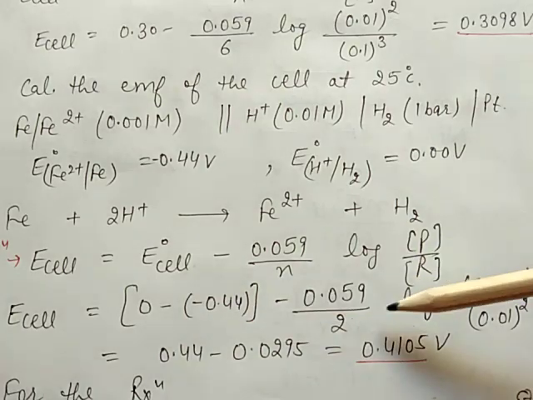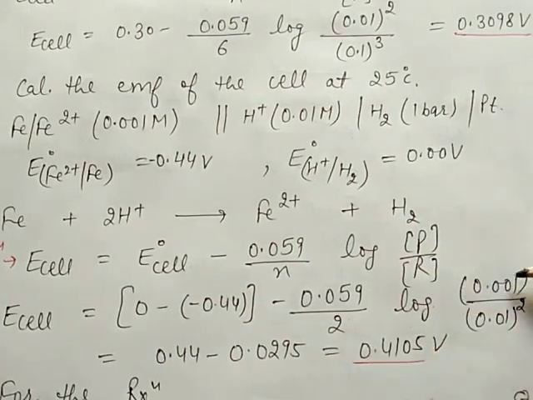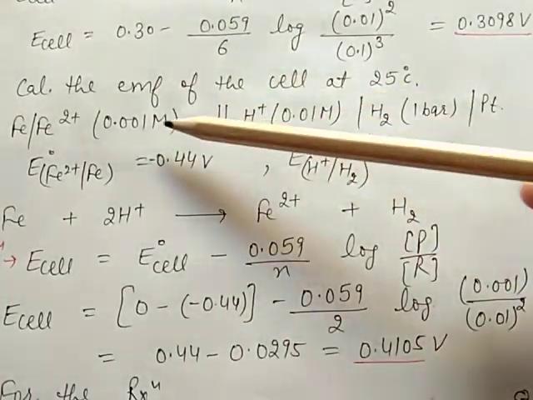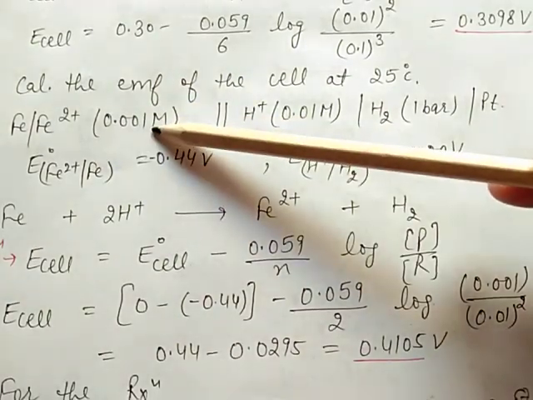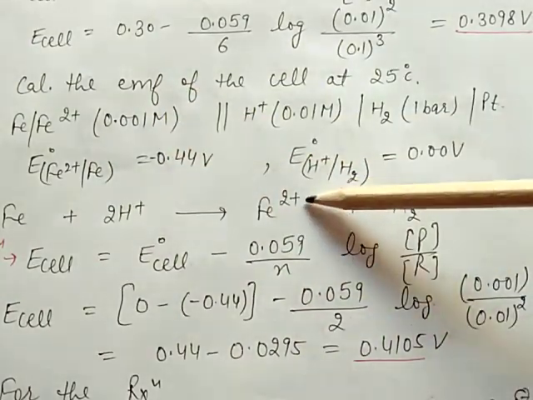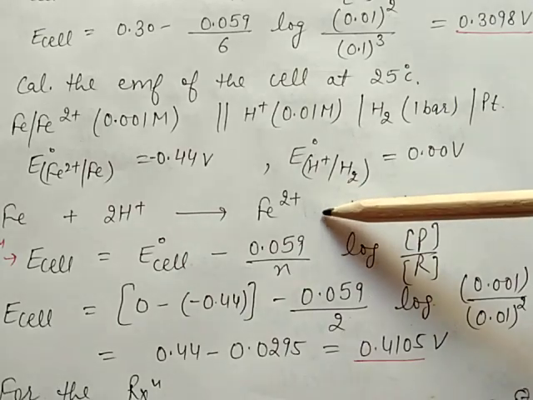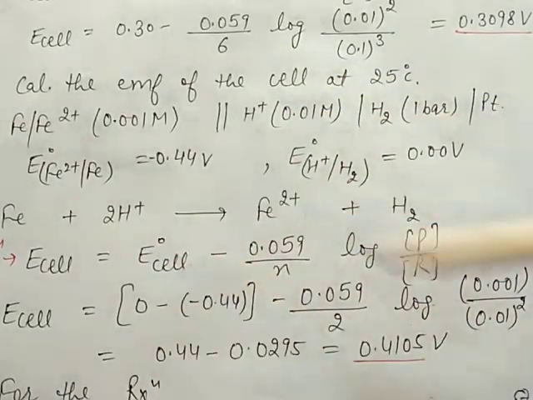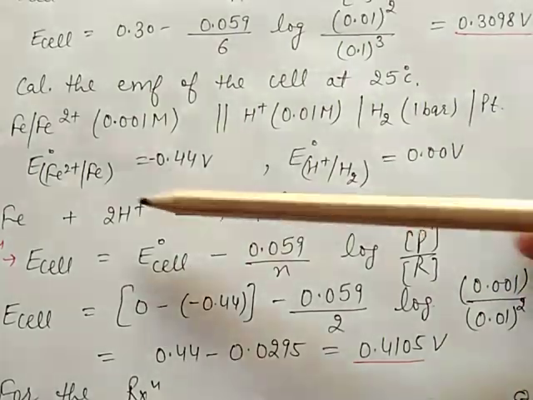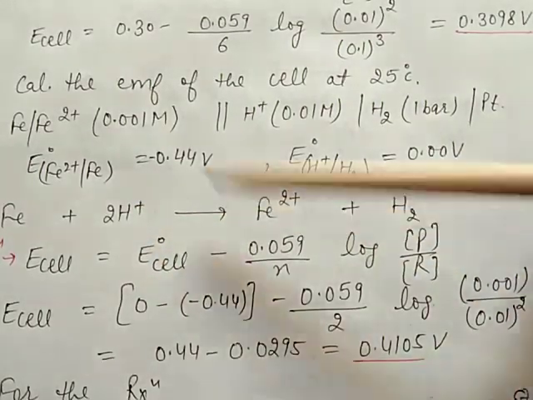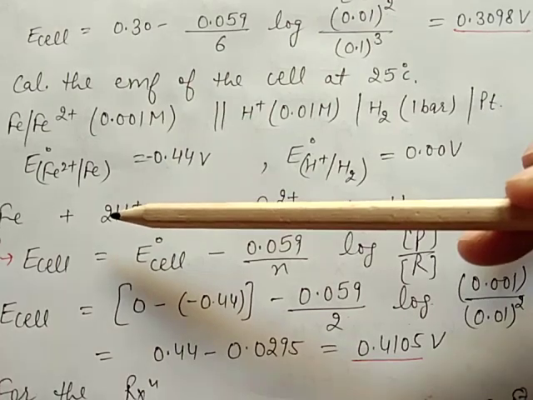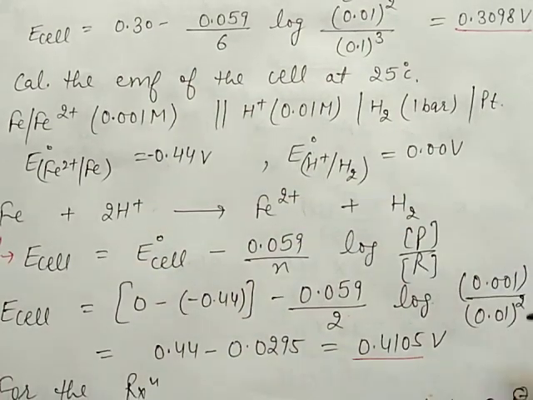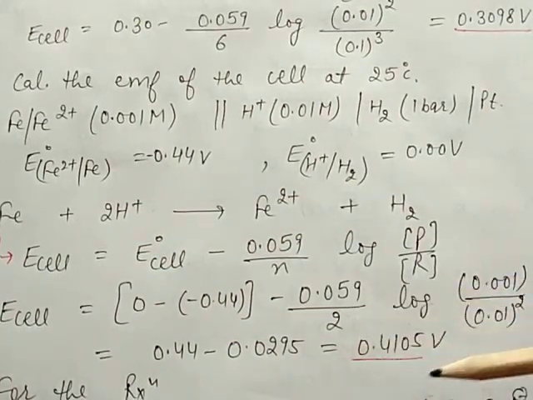After putting this value, the log of concentration of product, that is 0.01, and here H positive is given, so that goes to the reactant side. Square is here because it is 2 moles. After calculating, this is the answer.